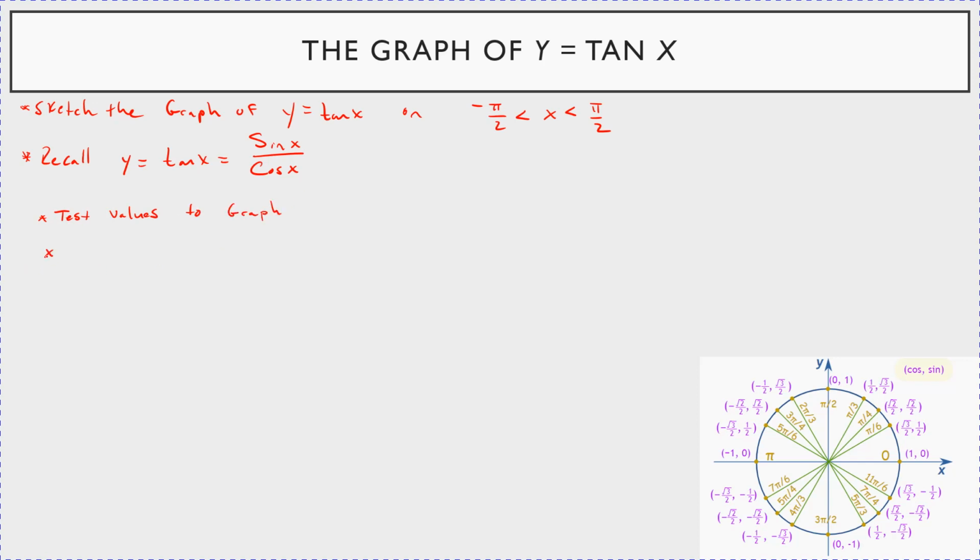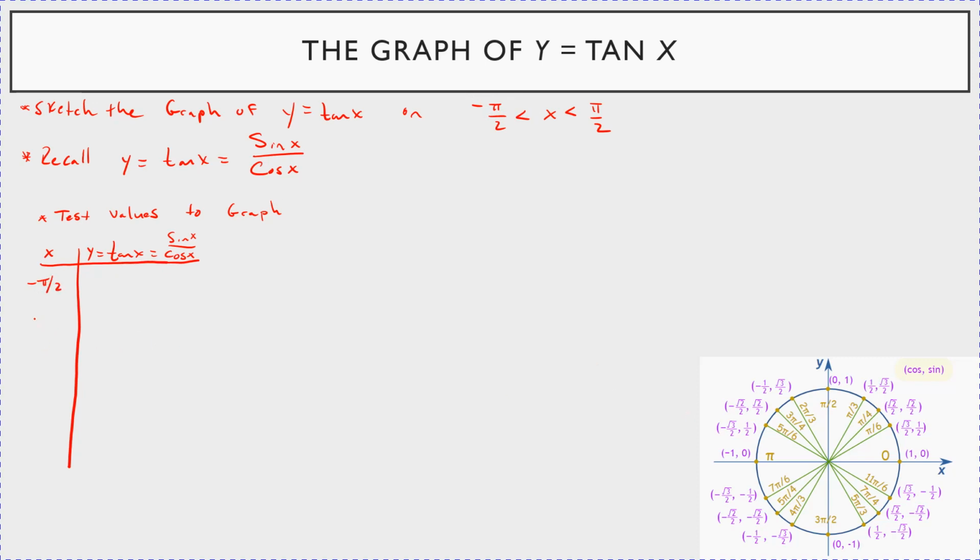Here's what we're going to do for some test values. I'm going to pick x and plug it into y equals tangent of x, but to help me graph it using the unit circle, remember that tangent of x is just sine of x divided by cosine of x. Even though I want to graph strictly greater than negative pi over 2, let me talk about what happens if we were to pick negative pi over 2.